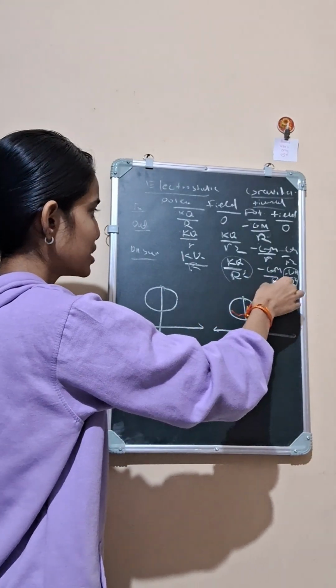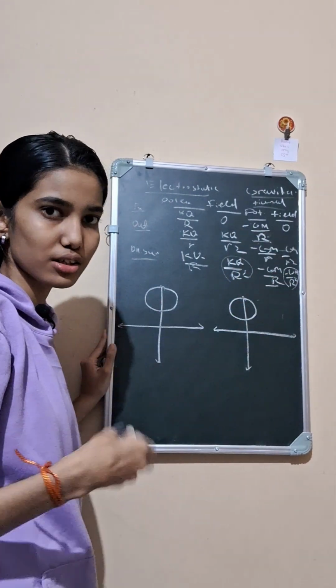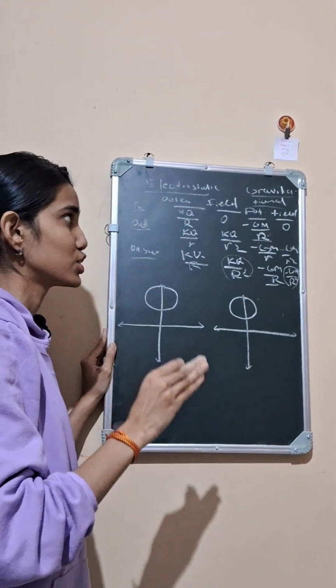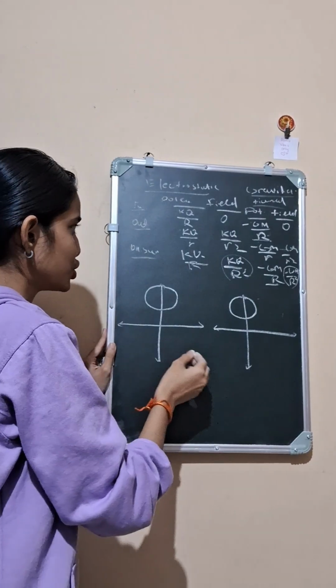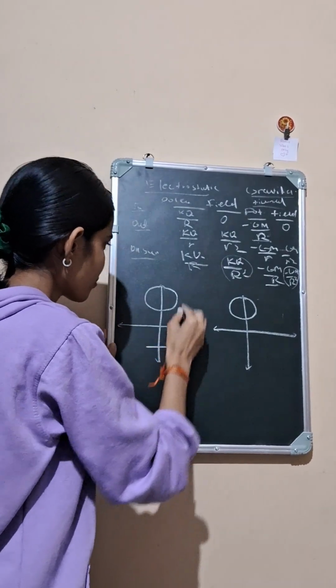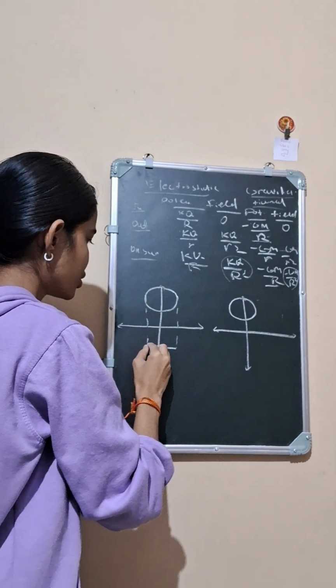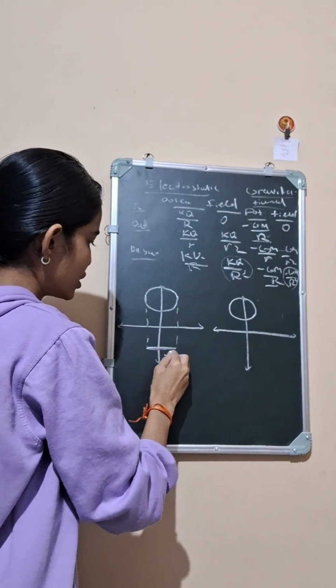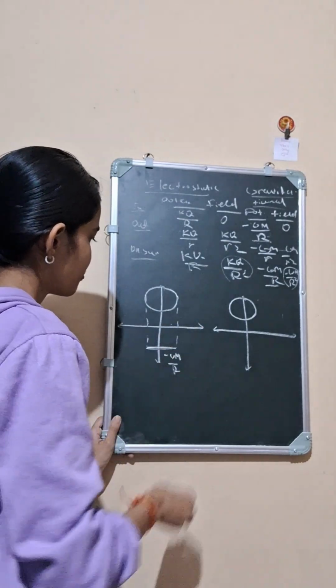So it means that on the surface and inside the shell the potential is most negative. For this range it will be equal to minus Gm by capital R. Here it is the radius, right?